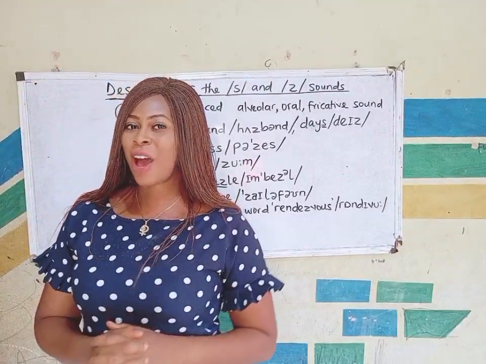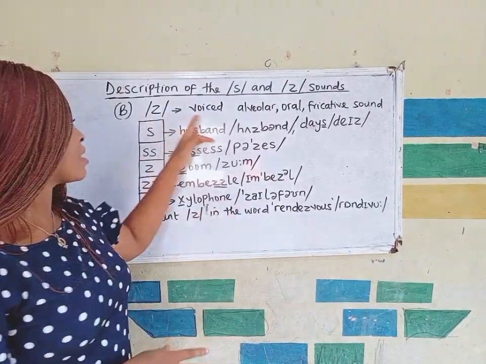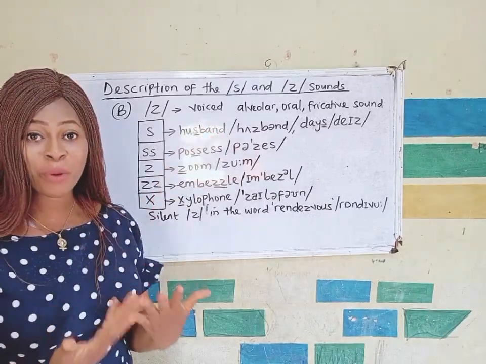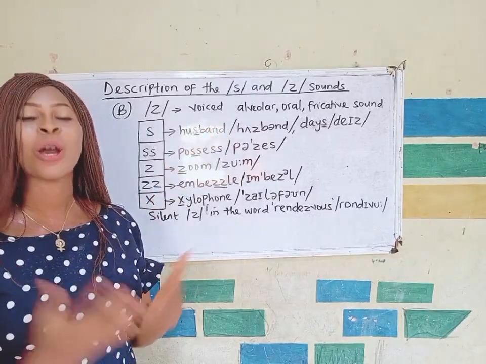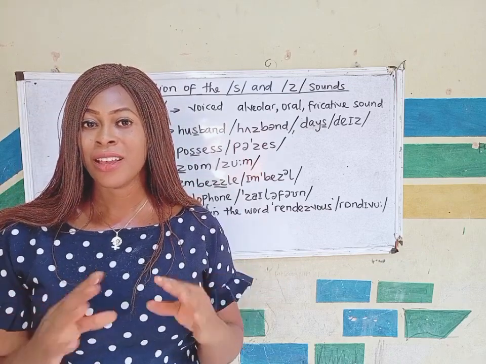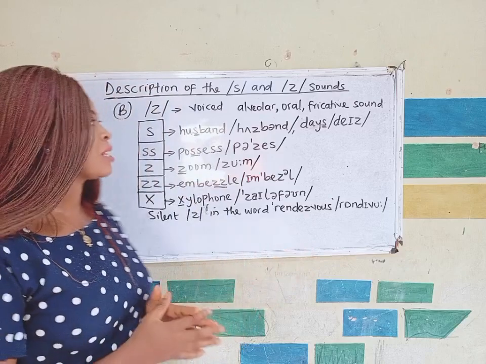Moving on to the sound Z, we have it as voiced, that is, the vocal cords vibrate when you want to articulate the sound. So let's try this. Z, Z, Z. All right, let's move on.